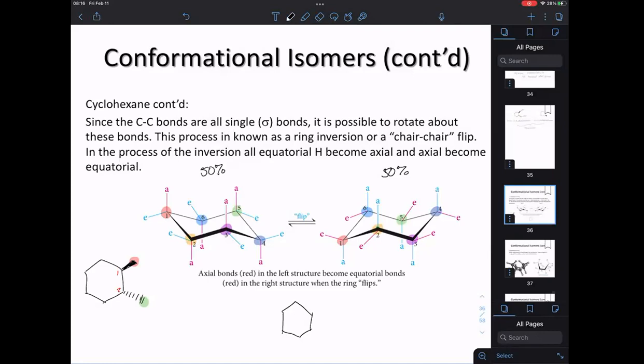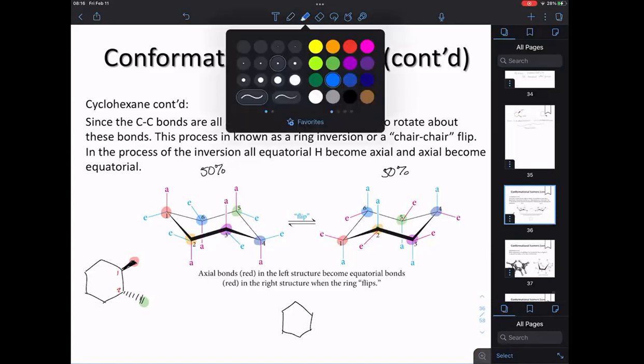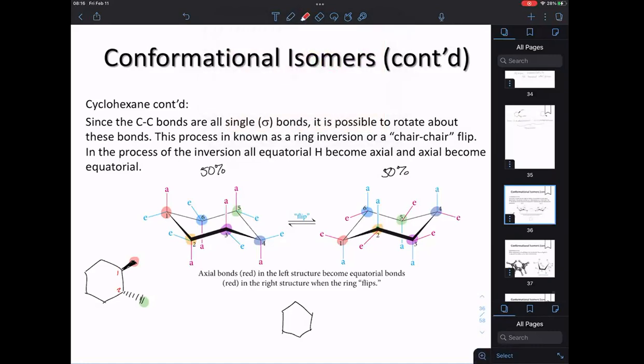The other thing to note about what's happening here, and they've color coordinated it, is let's focus on carbon 1 again. Carbon 1 has this red bond that's axial in the 1 conformation. Well, when the structure flips, that same bond is now in the equatorial position, right?